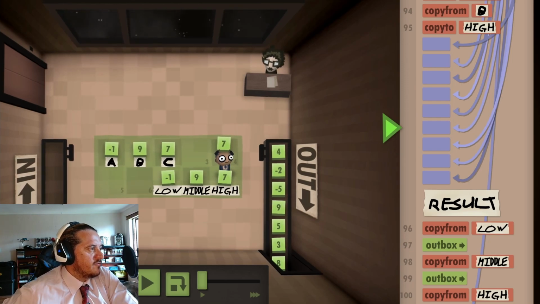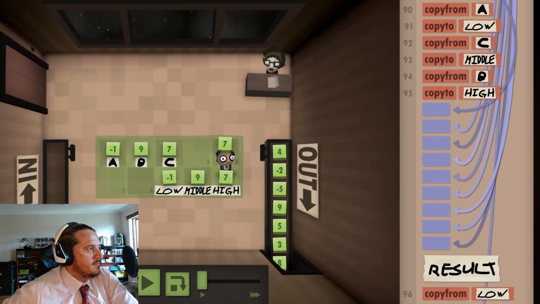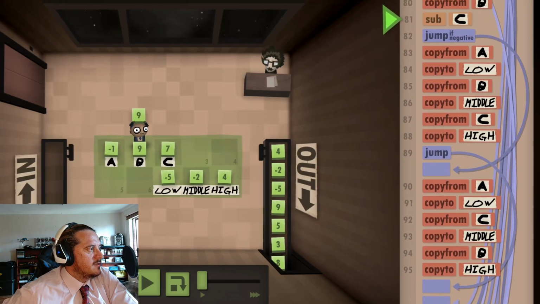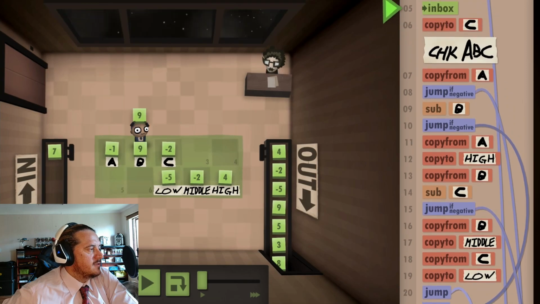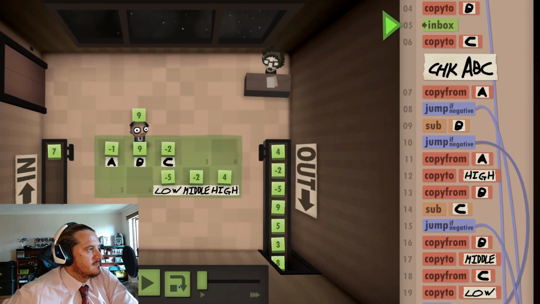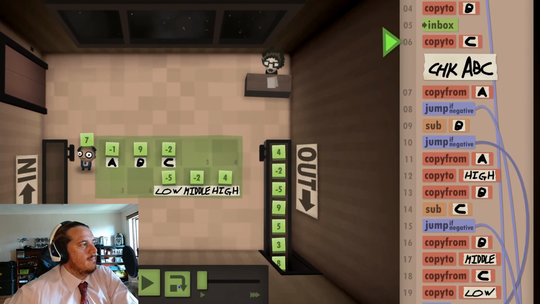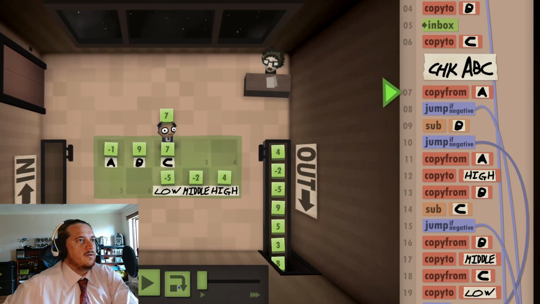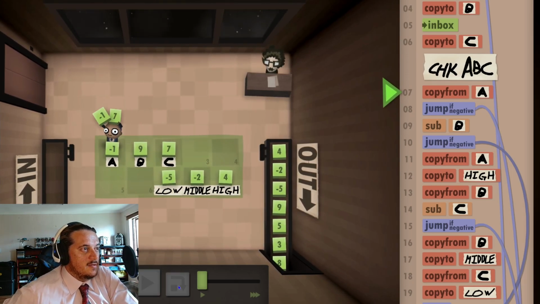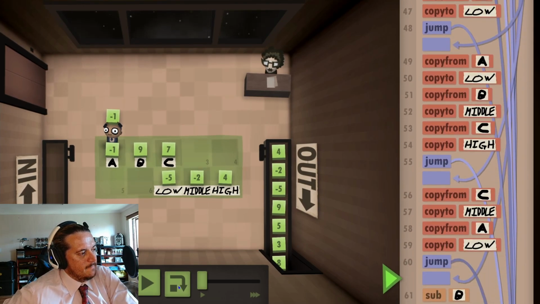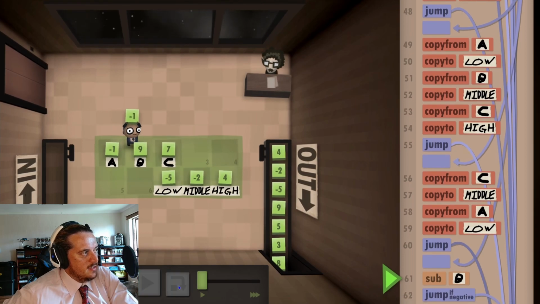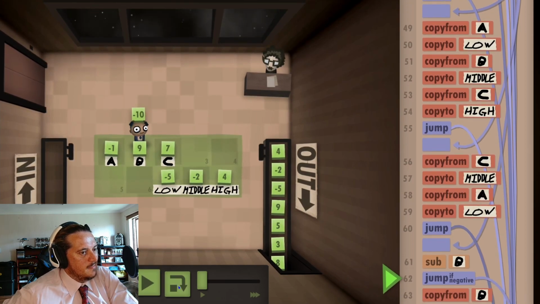This one should be negative 179. So where's the problem? Let's get them all up. Okay, so now we're grabbing A. Is A negative? Yes, A is negative. So jump to the bottom. Okay, 1 minus 9 gives me negative 10.